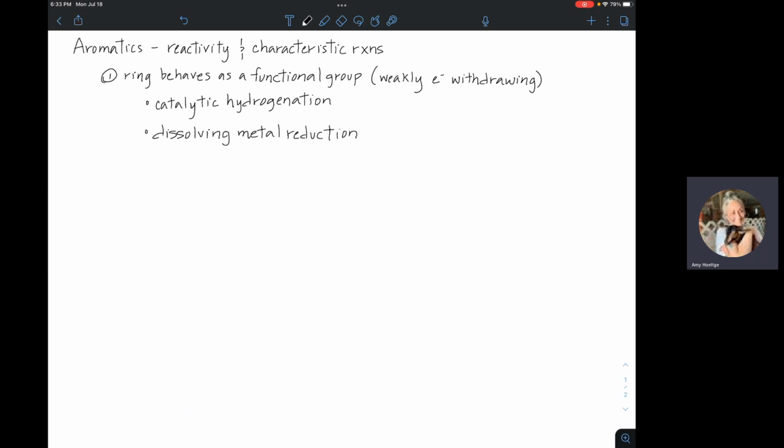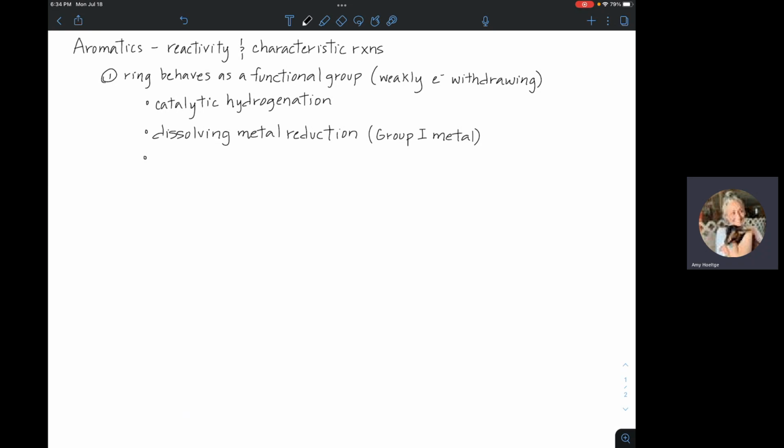I'll show you a named reaction where we're going to dissolve a group 1 metal. And we'll proceed through a free radical mechanism. It'll donate its valence electron to the ring.